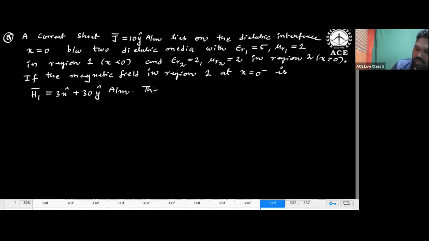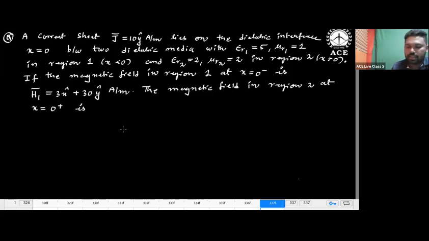The magnetic field in region 2 at x is equal to 0 plus is?